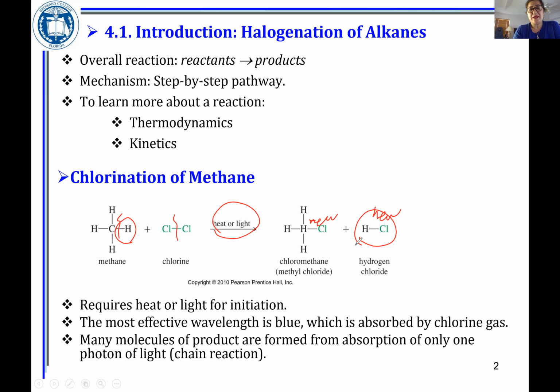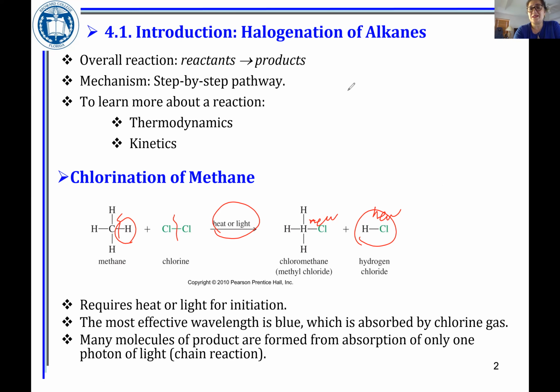So if the reaction releases more energy than what is being consumed to break the old bonds, that reaction is going to be an exothermic reaction. Some of the energy is going to be consumed to break the old bonds, and the rest of the energy is going to be released to the environment.